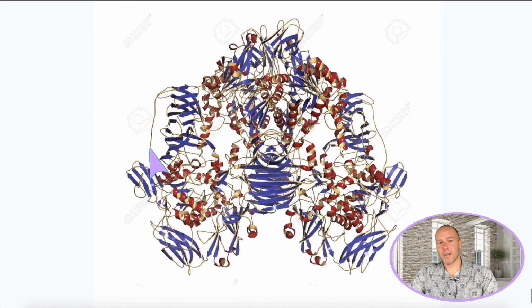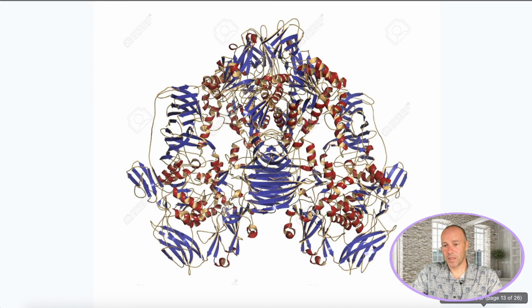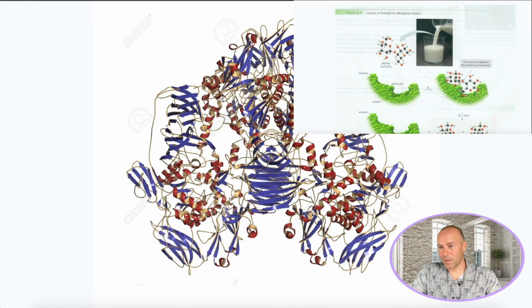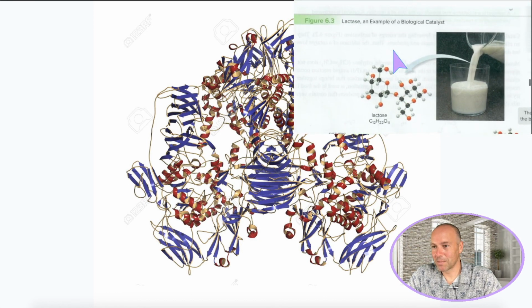But anyway, this enzyme molecule provides a surface on which the reaction proceeds. This reaction is discussed in your textbook, by the way, as well. Here's figure 6.3 in your textbook that discusses lactase.